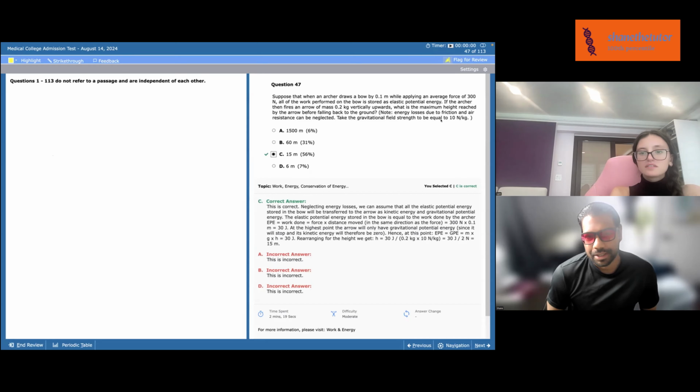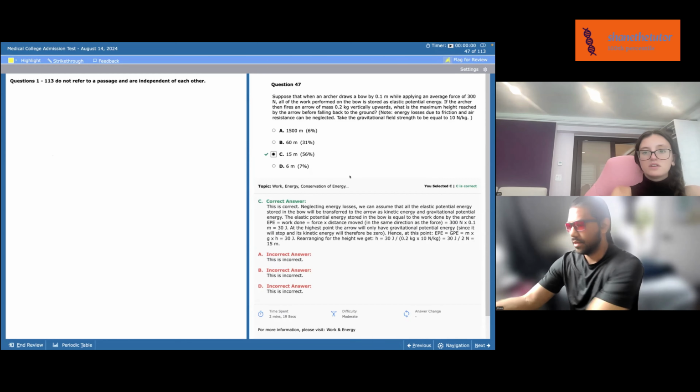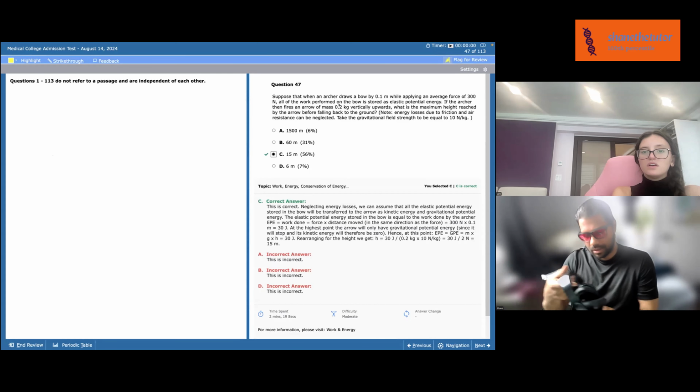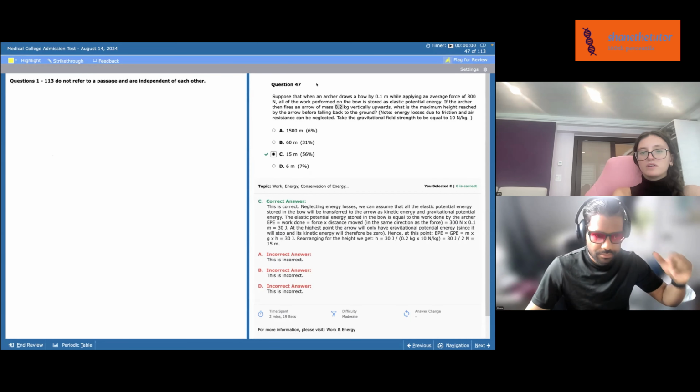But here, we want to use the work we calculated, which is 30, and then the mass. But if you multiply these, you'll get a smaller number.